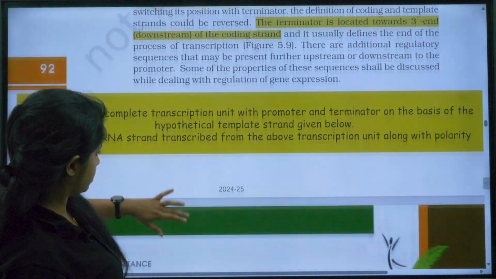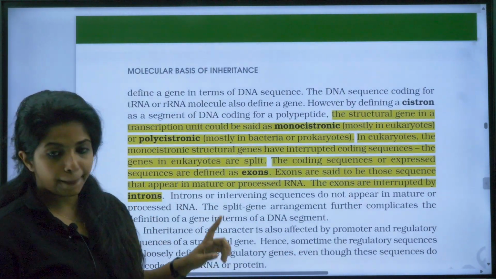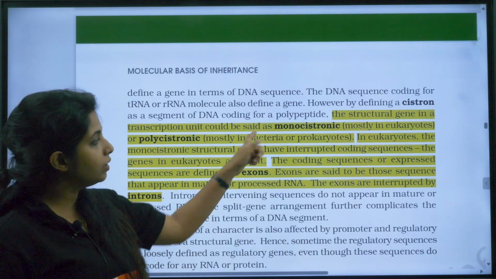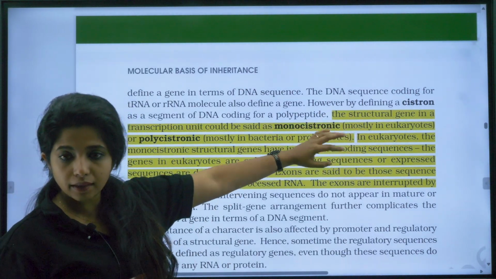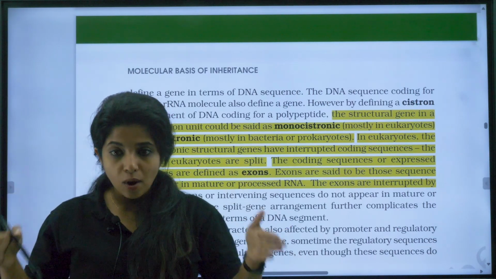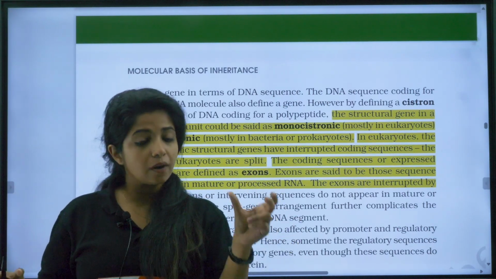This we studied. Remember, in the case of human beings, or basically eukaryotes, we are monocistronic. What do you mean by that? Basically, there is one cistron, one transcription area, a sequence in which there are multiple genes.